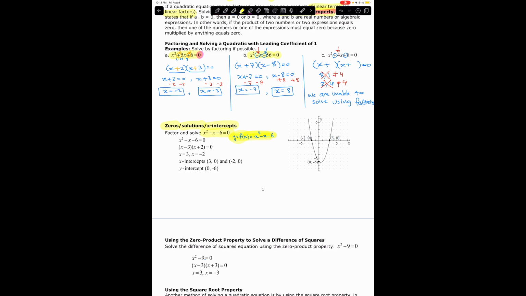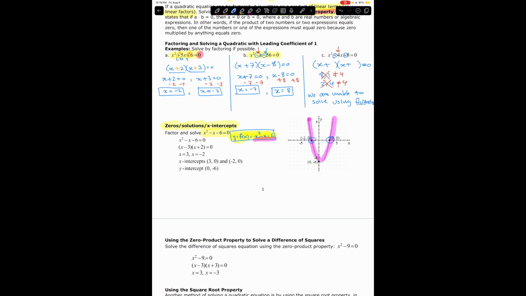So if you graph the equation of the function, then where it intersects with the x-axis is what we call the x-intercepts, which are basically the solutions of the quadratic equation, and it is the zeros of the function.